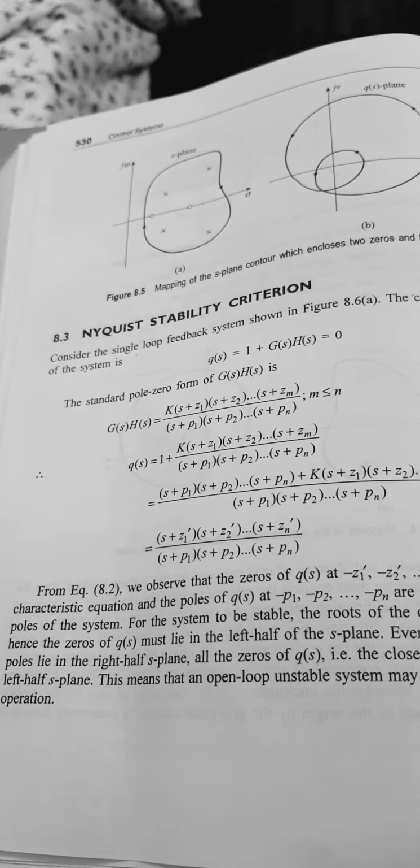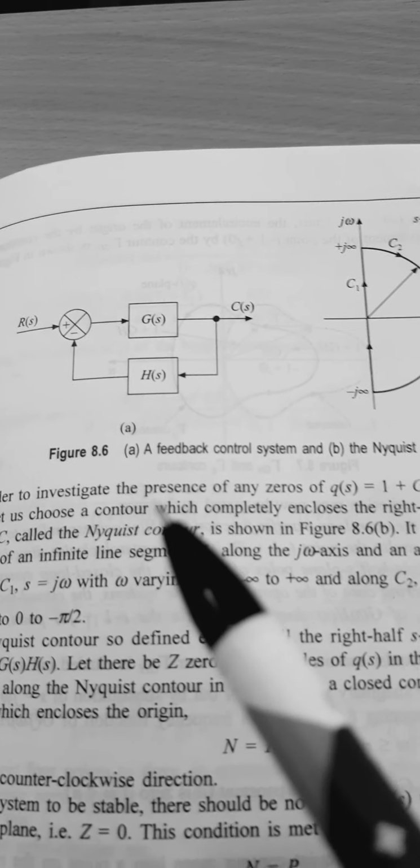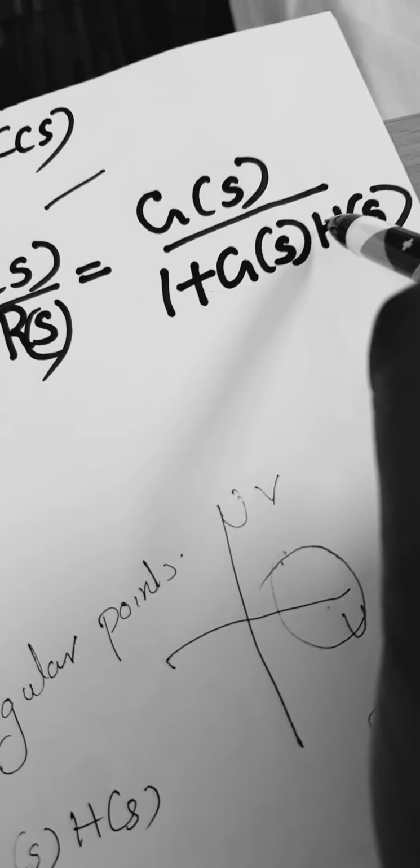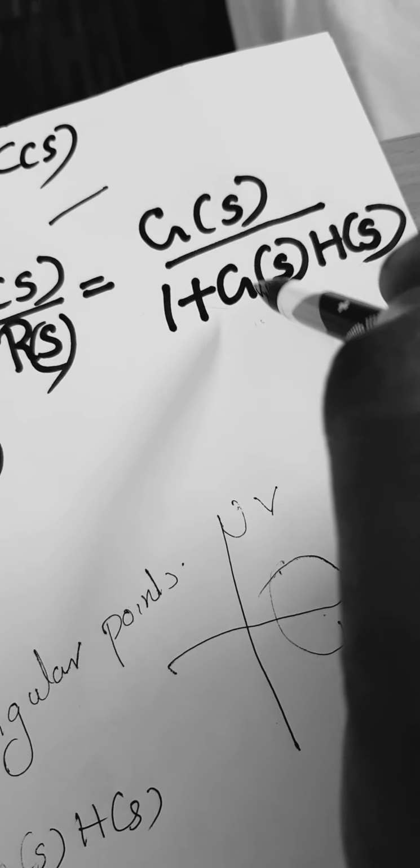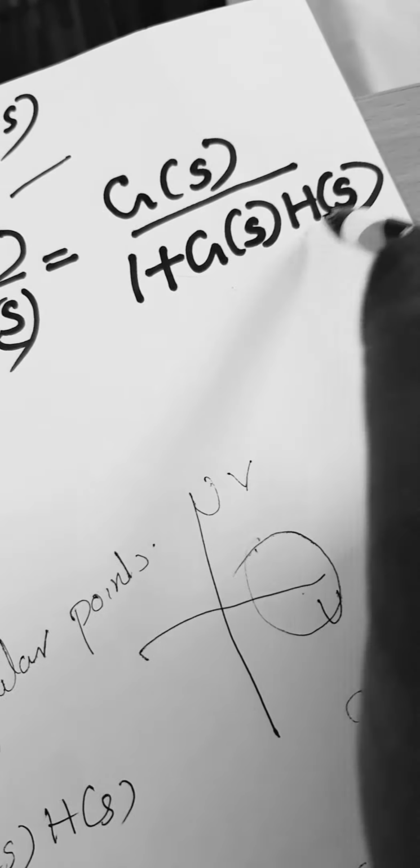Now, here everything is very important, so you concentrate. In order to investigate the presence of any zeros of Q(s), whenever we talk about the zeros of Q(s), you should understand that they are the closed loop poles, because already you know that this is the closed loop transfer function. 1 plus G(s)H(s) is nothing but Q(s), that is the pole of the closed loop.